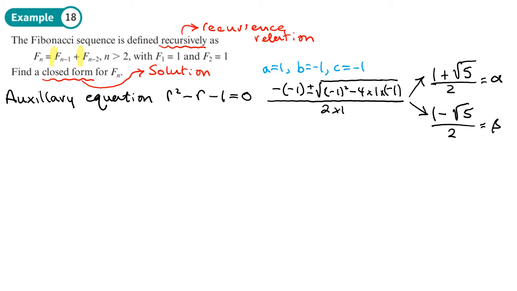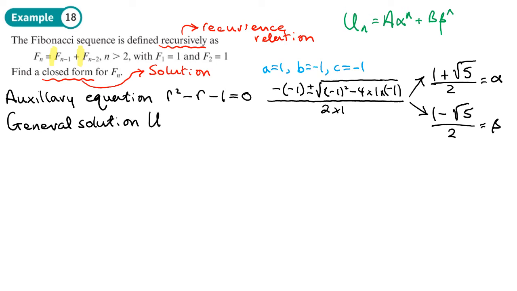Whenever I have 2 real roots, the general solution will be a alpha to the power n plus b beta to the power n. So I can now write my general solution as, if I can write the word general properly, let's try again. General solution as u n. Well, it's not u, it's f.